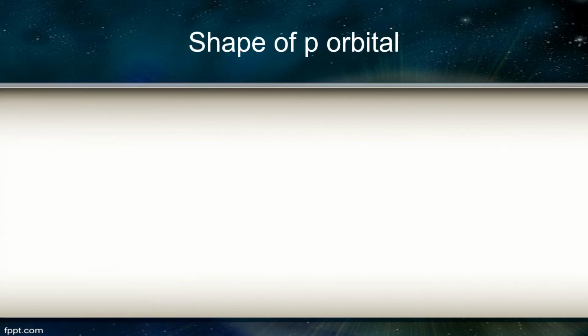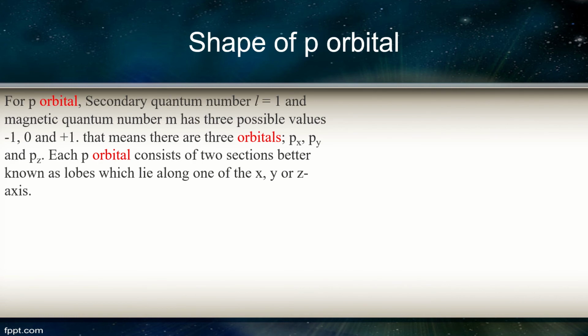Now, shape of p orbital. For p orbital, secondary quantum number L equals 1, and magnetic quantum number M has 3 possible values, -1, 0, and +1. That means there are 3 p orbitals, px, py, and pz.